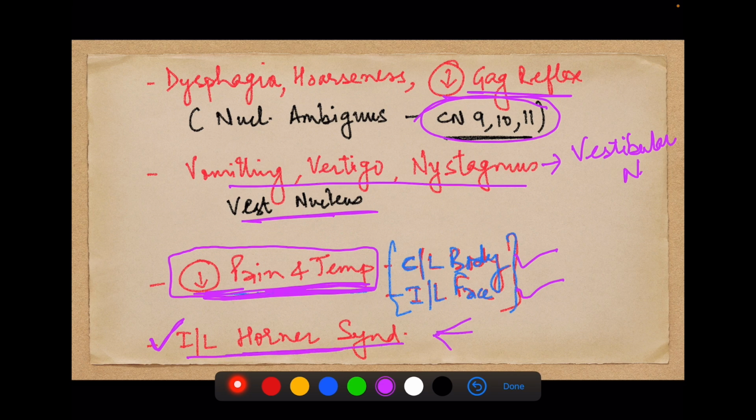Horner syndrome is ptosis, miosis, and anhidrosis of the same side, right?